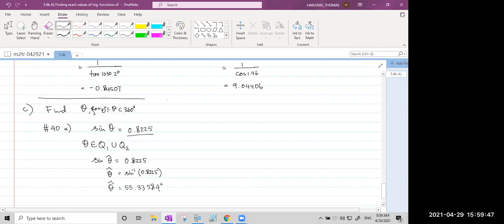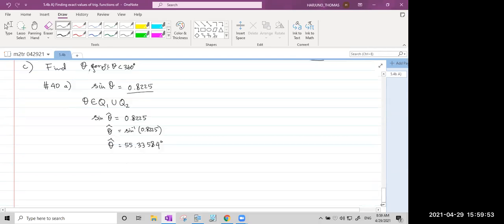Now we are not done yet. We are looking for theta, not the reference angle. Using that reference angle, you reverse engineer. You know that the angle must be in quadrant 1 and in quadrant 2 to give us that sine equals 0.8225.